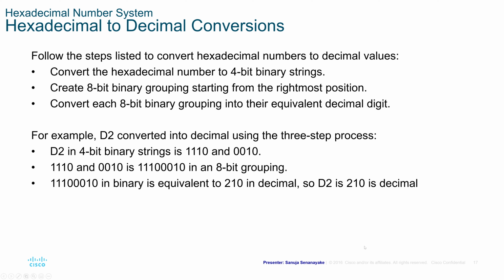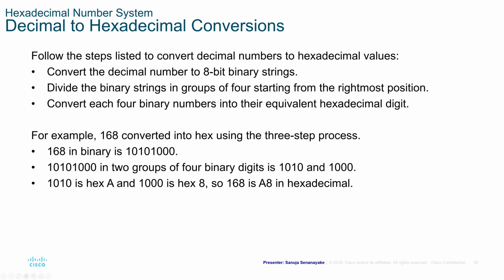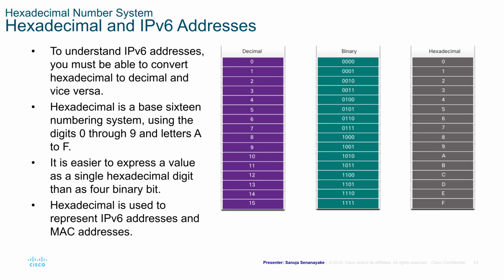Let's go back and look at it quickly so that you have a better idea. If you go back in here, you'll see we have D2, right? D is 1101 and 2 is going to be 0010.